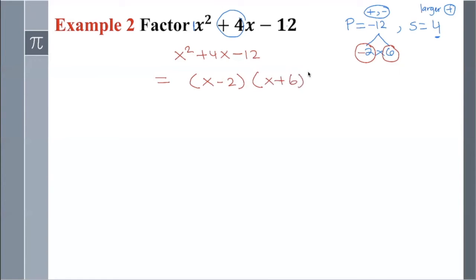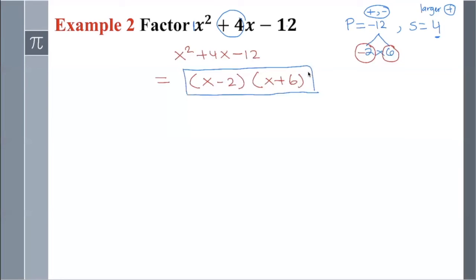So here the leading coefficient is 1. So if we divide 2 by 1, we still get 2. If we divide 6 by 1, we still get 6. So we really don't have to divide by the coefficient here since it is 1. So the factors of this trinomial are x minus 2 and x plus 6.